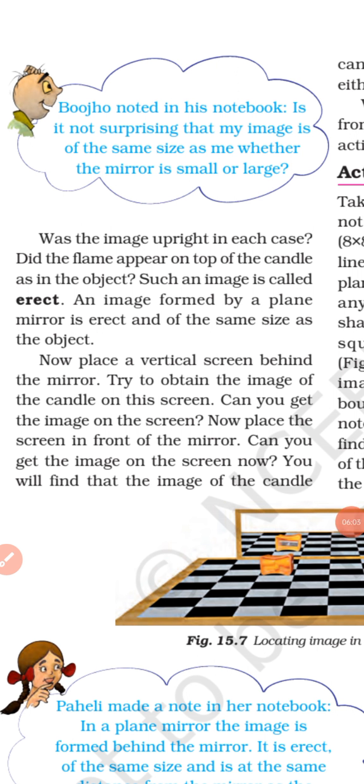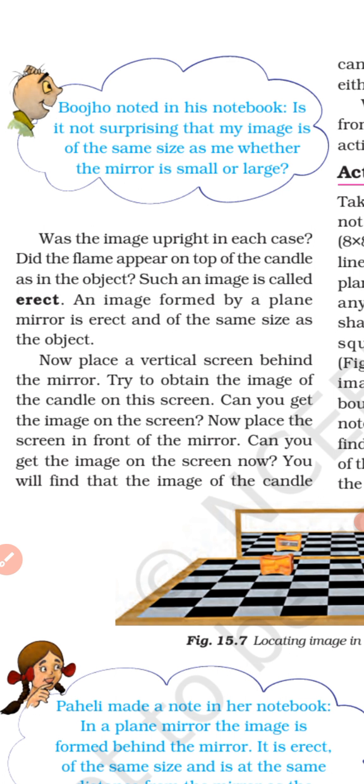Now Bujo noted a very interesting characteristic of the image formed by a plane mirror. He asked, is it not surprising that my image is of the same size as me, whether the mirror is small or large? That means the image formed by the plane mirror is of the same size as the object.